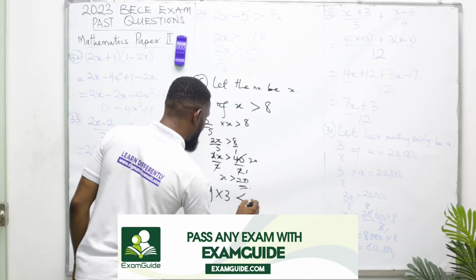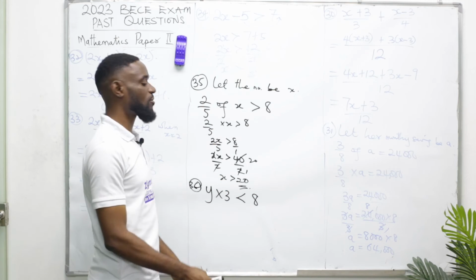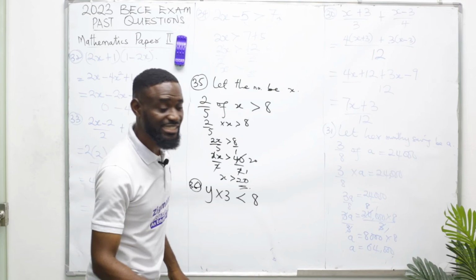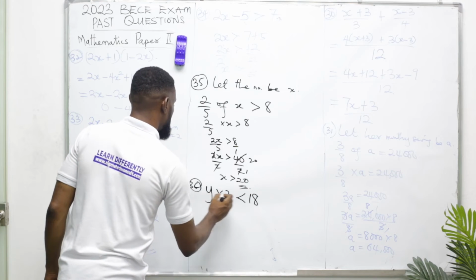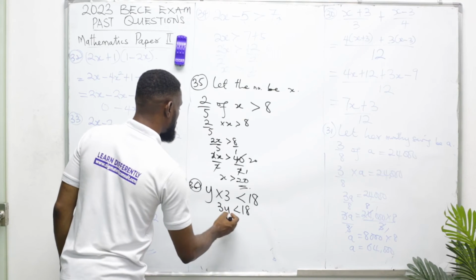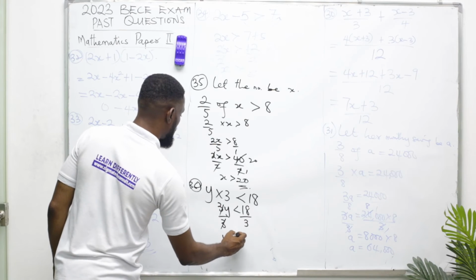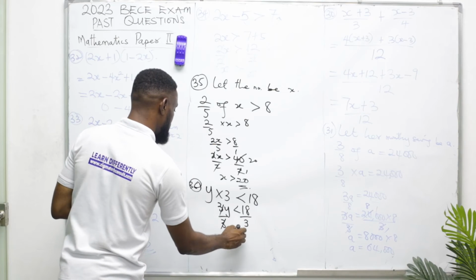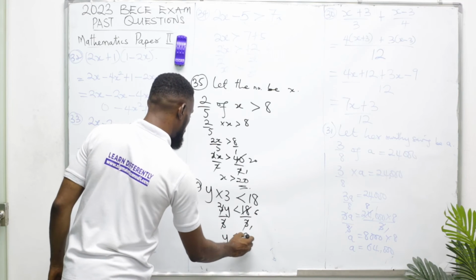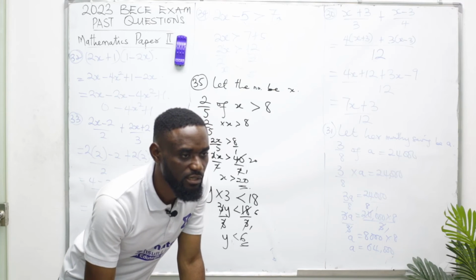They're asking us to find the range of values of the number, so this is a straightforward question. So this is y times 3, so 3y is less than 18. Divide both sides by 3 so that we can get the value of y. 3 into 18 is 6. So y is less than 6. Option C is the correct option.